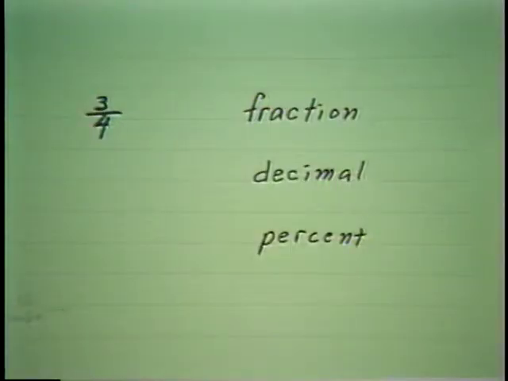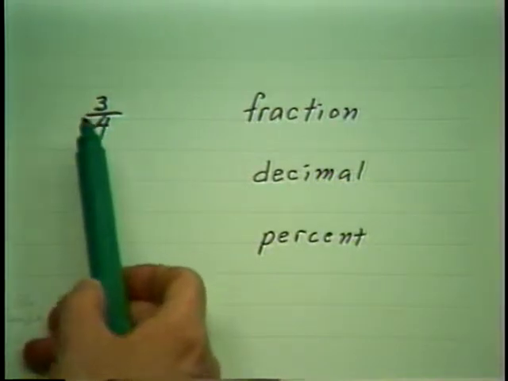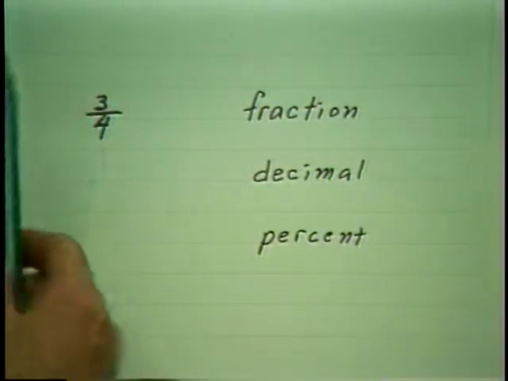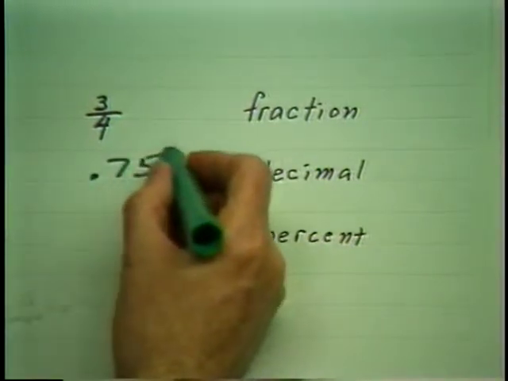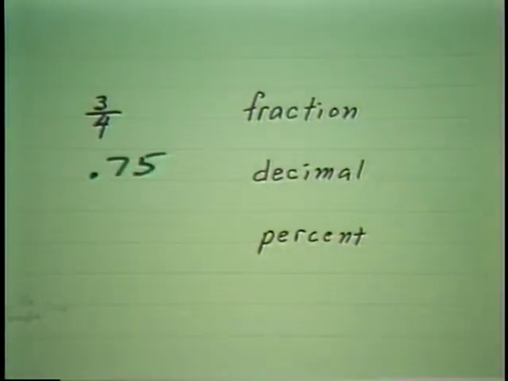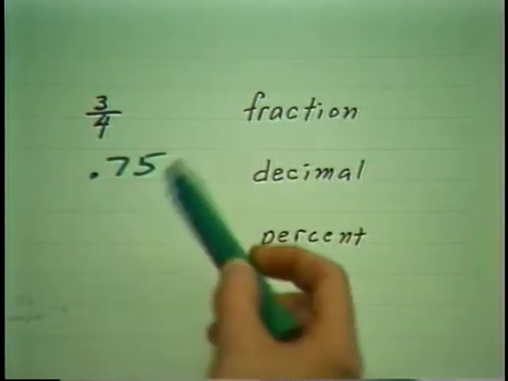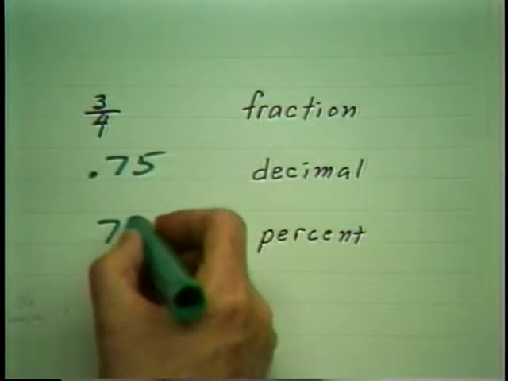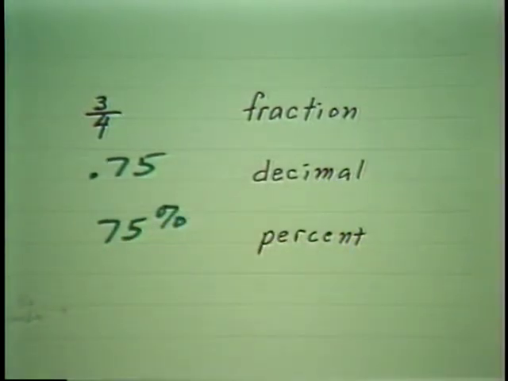For instance, on one of your exercises, you started with the fraction 3/4, divided 3 by 4, and converted it to a decimal. Then you moved the decimal point 2 places to the right or towards the percent and converted that same number to a percent form.